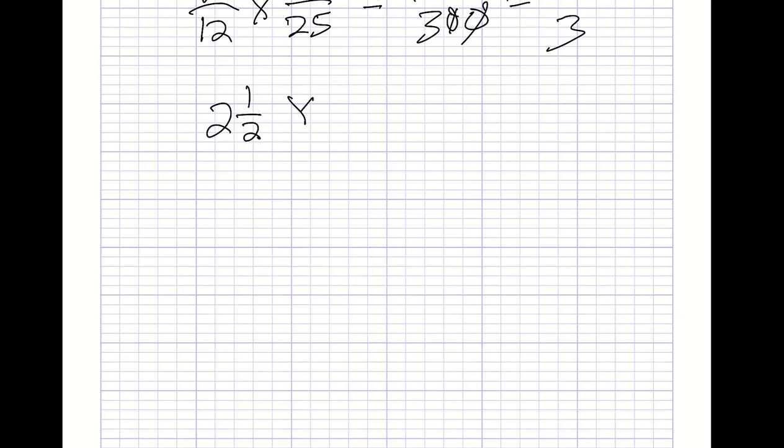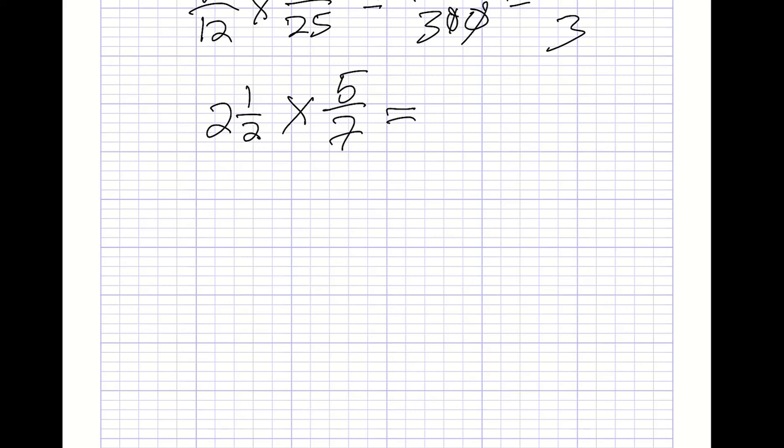Okay, you can also do fractions like this in multiplication. Remember, let's say somebody gives you something like this: 2 and 1 over 2 times 5 over 7. Again, it's very simple.